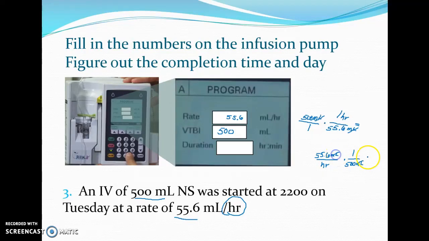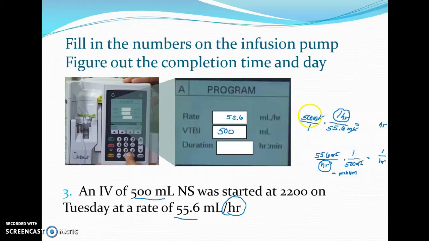The problem with this setup, and the reason why I know it's not going to work, is that when I would go to do my math, I would have 1 over hours, because here hours is in the denominator, and that's a problem. When I want to solve for the time, the hours, I need it to be up here in the numerator so that when I have my answer, the label on it is just hours.